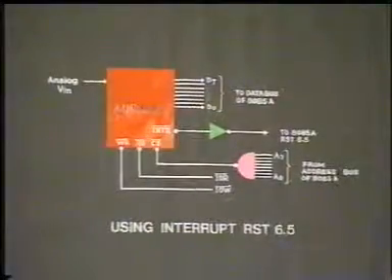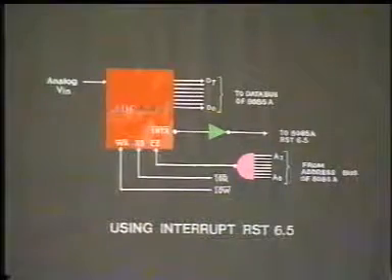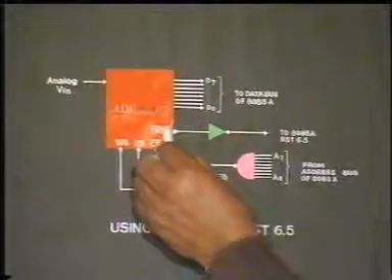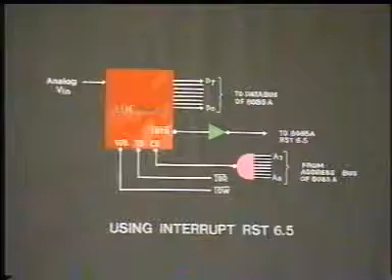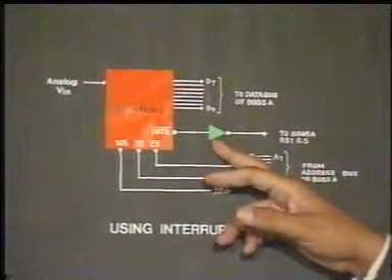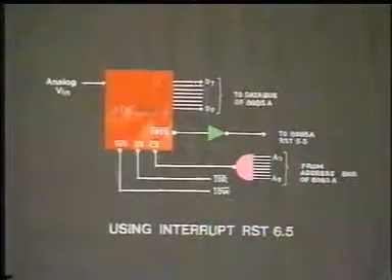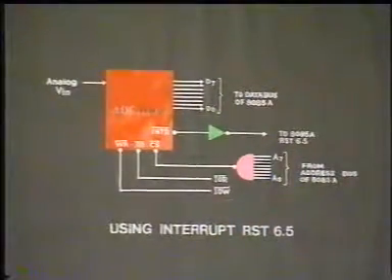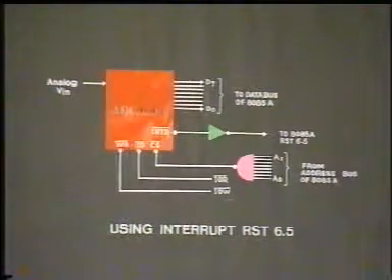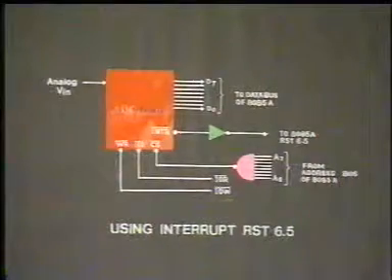As soon as the start of conversion indication goes to this A to D converter, it deactivates the INTR line to logic high, which after this inverter makes it logic level 0. It can be connected to one of the level interrupts of the microprocessor, like it is connected to RST 6.5 of 8085.